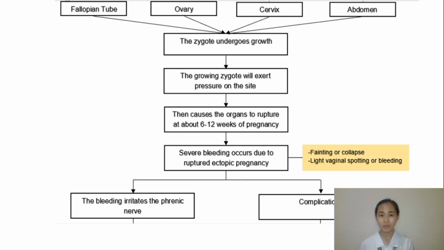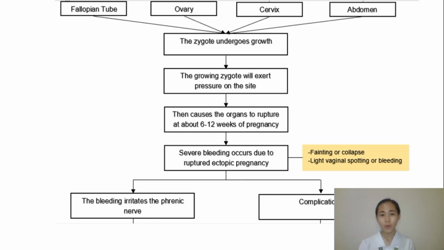Once the organ ruptures, there will be massive bleeding. Once bleeding occurs, the patient will manifest light vaginal spotting or bleeding, and fainting or collapsing, which is a sign of an impending shock due to massive blood loss.